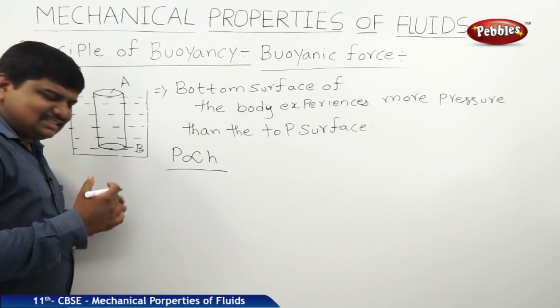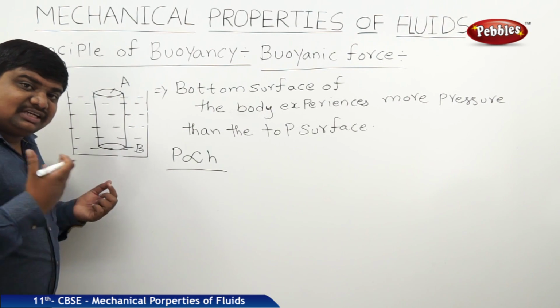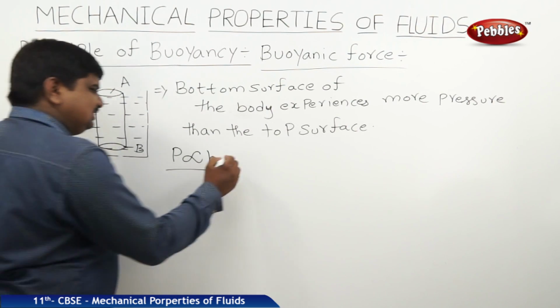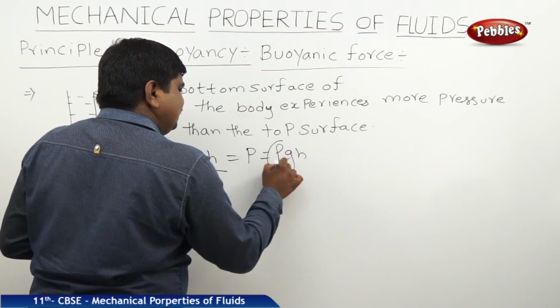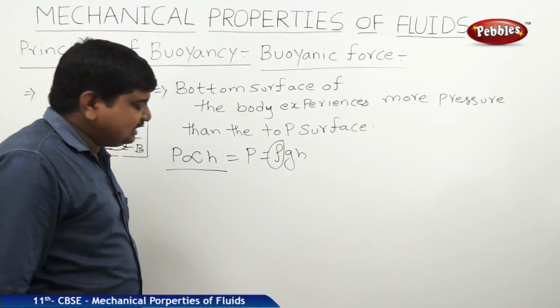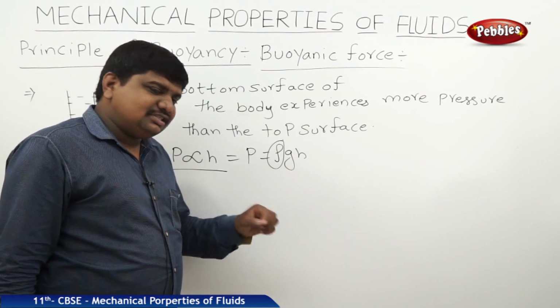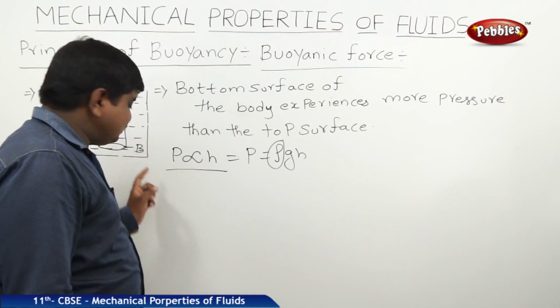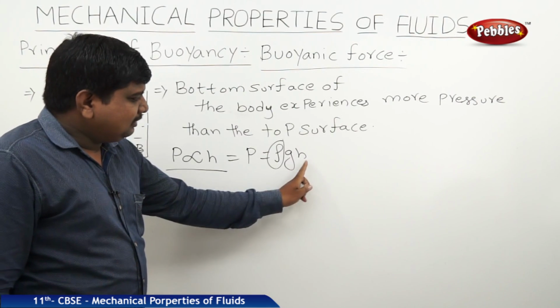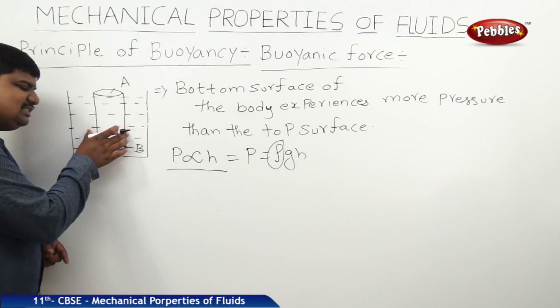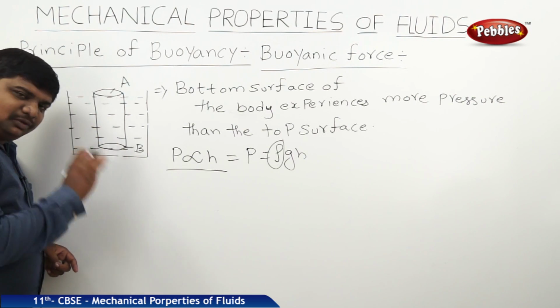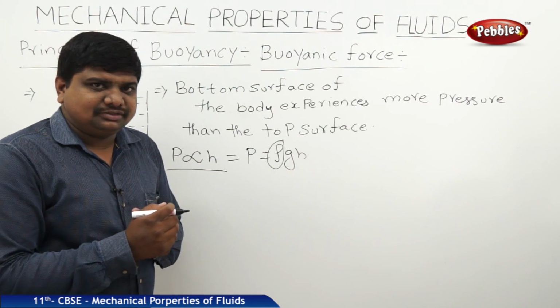As much as depth we go, the pressure increases. We know the equation P is equal to rho g h, where rho is the density of the liquid, which is constant from top to bottom, g is the acceleration due to gravity, which is also constant, but h is variable. So according to the desired depth position, the pressure is going to change.